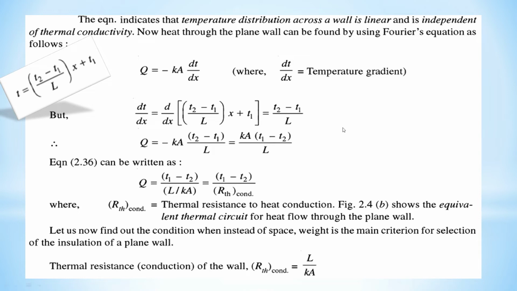Same as that, heat will flow due to temperature difference. So here only the temperature difference is in the numerator, and the remaining terms are in the denominator. So Q equal to T1 minus T2 divided by L upon KA. So this is the thermal resistance for a plain wall. RTH, conduction, thermal resistance to heat conduction, shows the equivalent thermal circuit for heat flow through the plain wall, and its equation is L by KA.